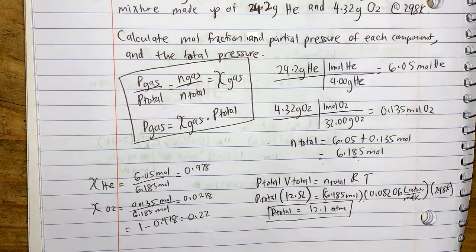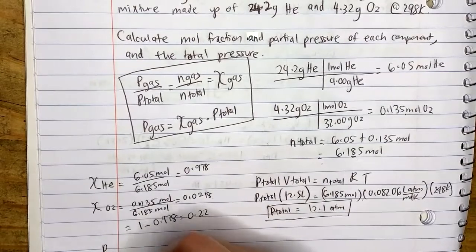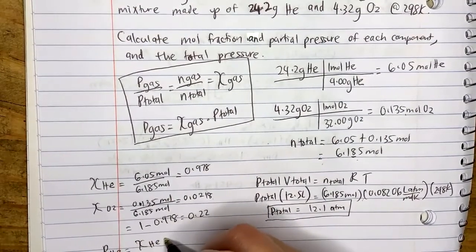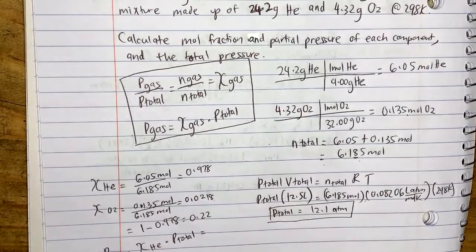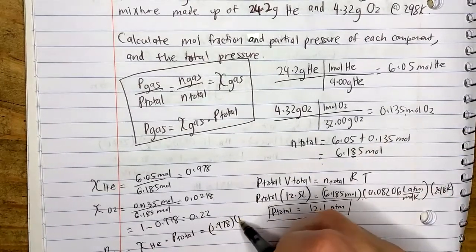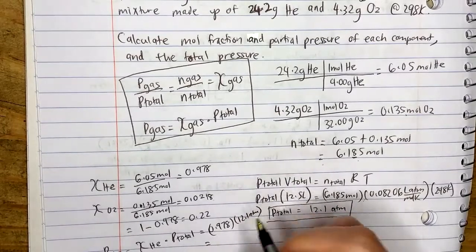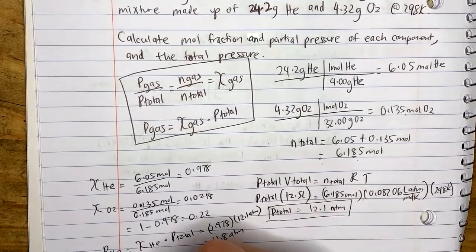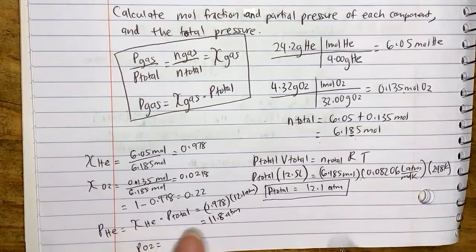Okay? Now that you know this mole fraction here, I can go ahead and get the P of helium, which would be the mole fraction of helium times P total, which is 0.978 times 12.1 ATM. That's going to give me 11.8 ATM. Now, if I want to find the P of oxygen, I can do the mole fraction of oxygen times P total.